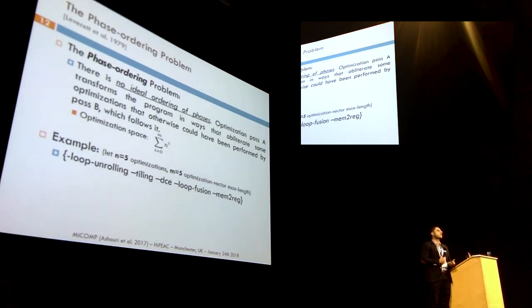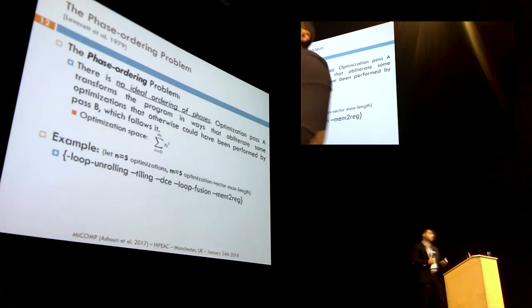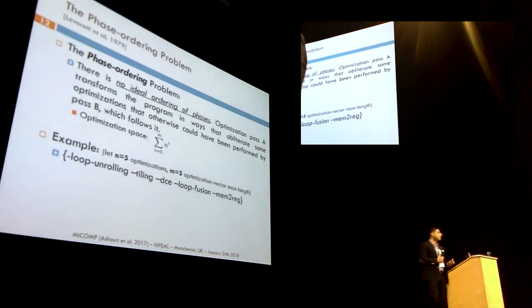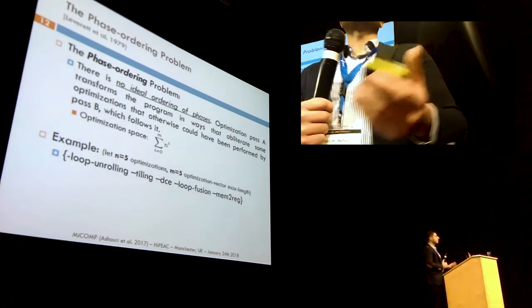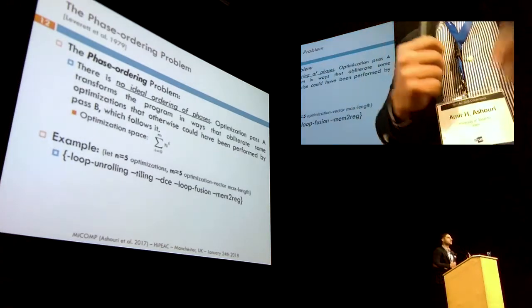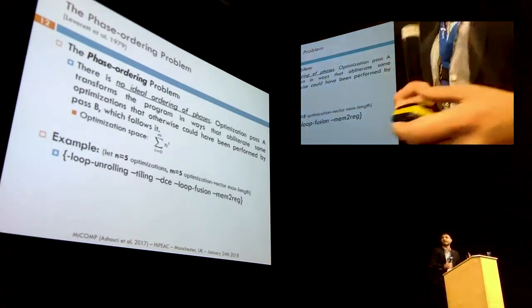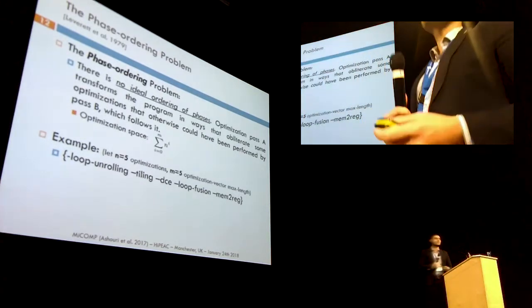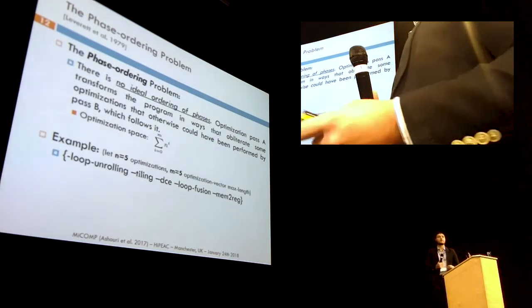Sometimes people are using loop unrolling twice, or you have some optimizations that you need to apply, like dead code elimination afterward, and then another optimization that you need to follow with dead code elimination as well. So repetition is happening. If you take a look at the standard optimization levels like O2 and O3, they normally have many repetitions of the same optimization inside.